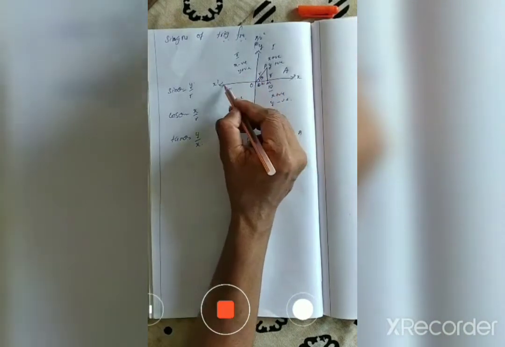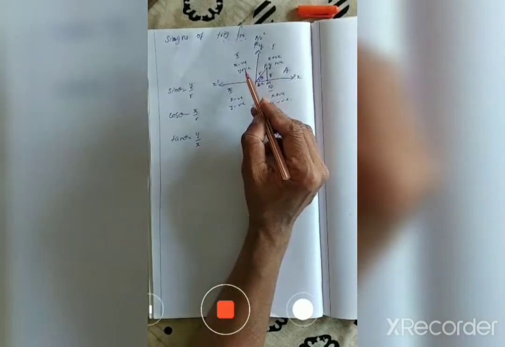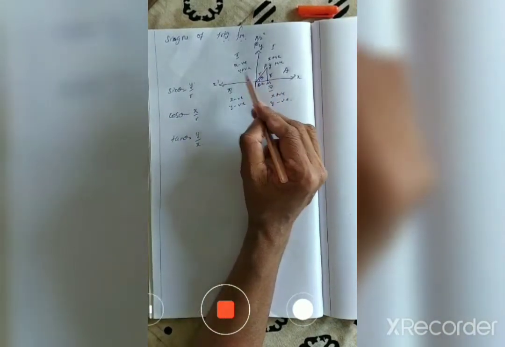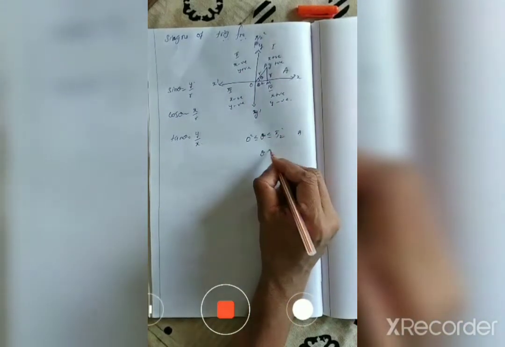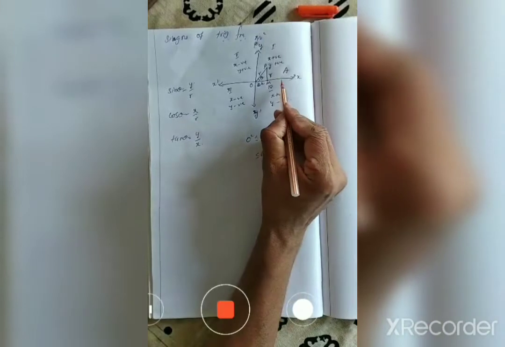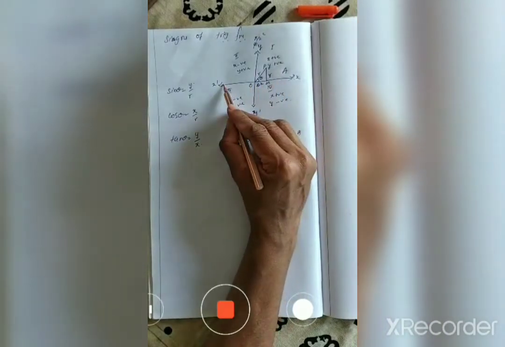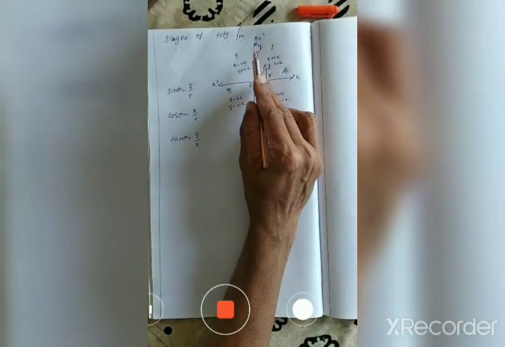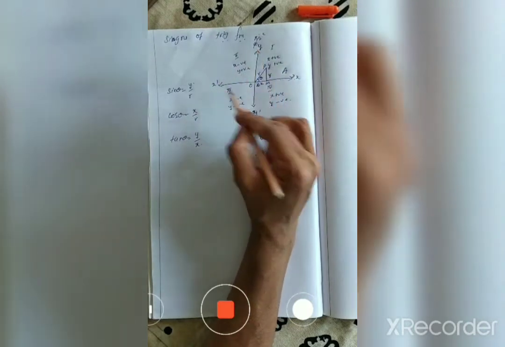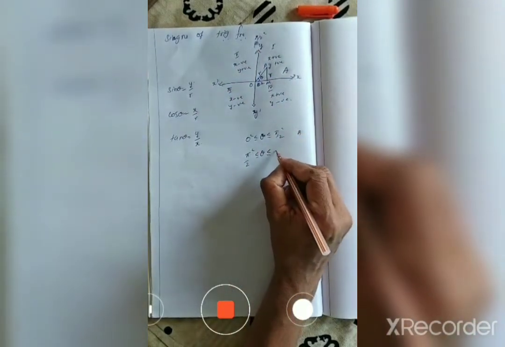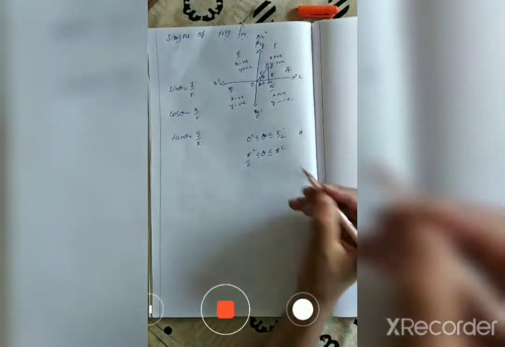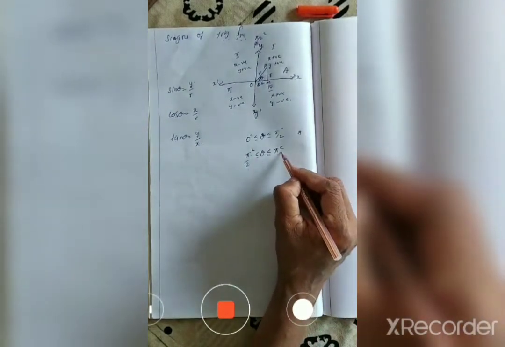Now come to the second quadrant. In second quadrant, x negative, y positive, the angle theta lies between 90 and 180 degrees, that is pi by 2 radians to pi radians.